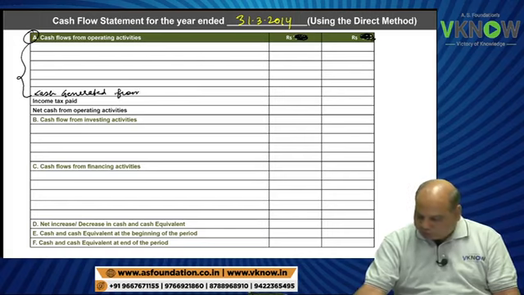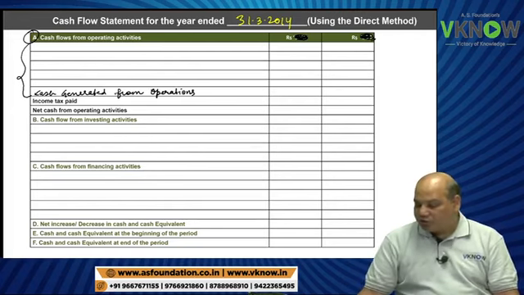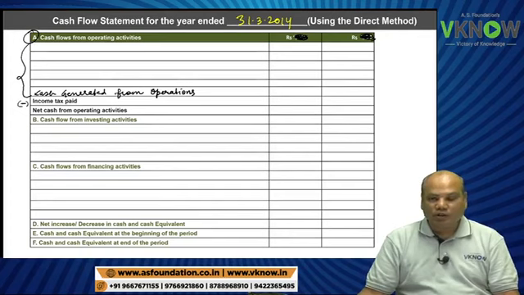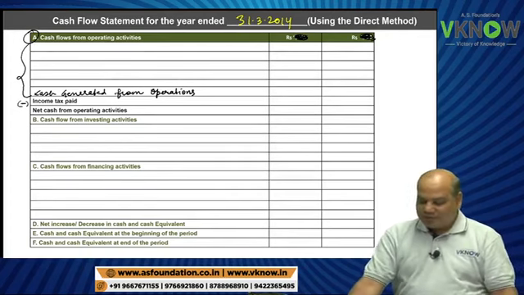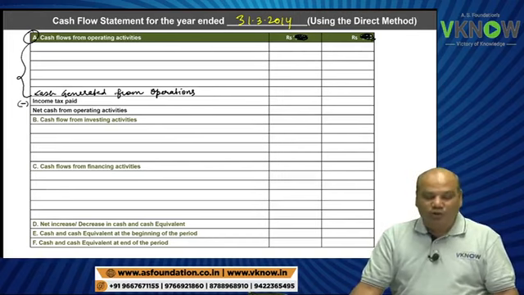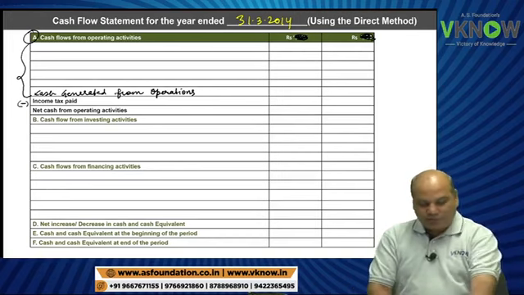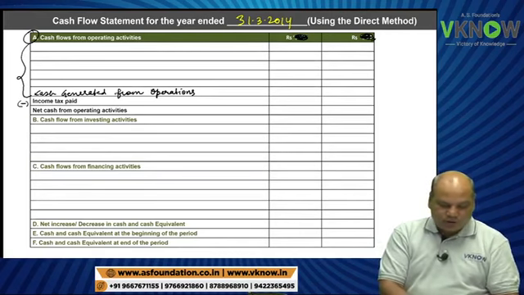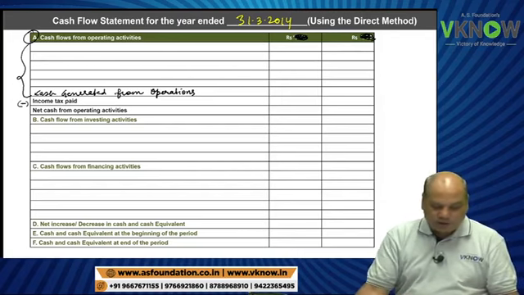Then write down less income tax paid. Come on, everybody. Therefore, net cash flow from operating activities.